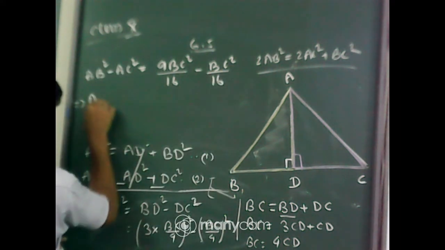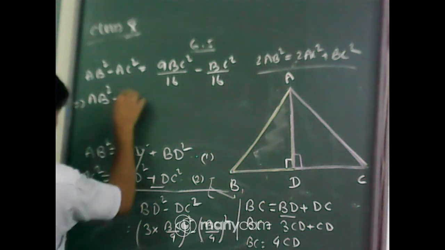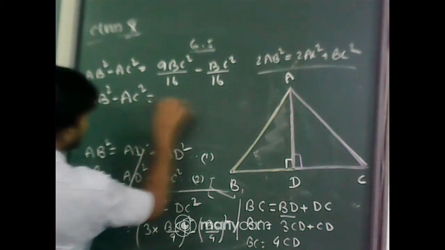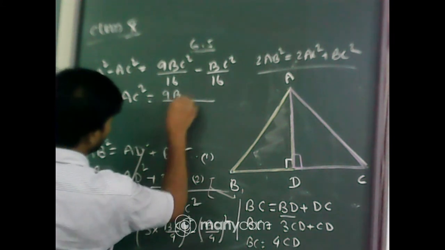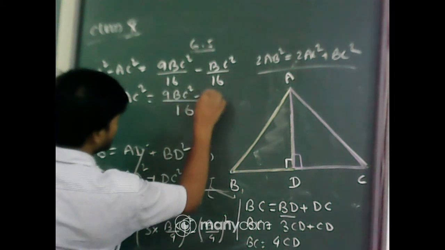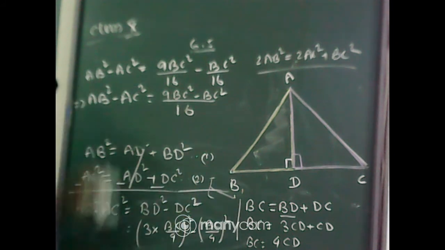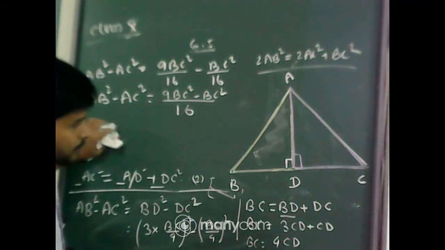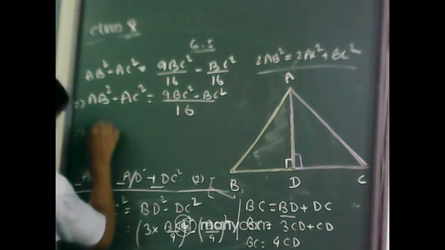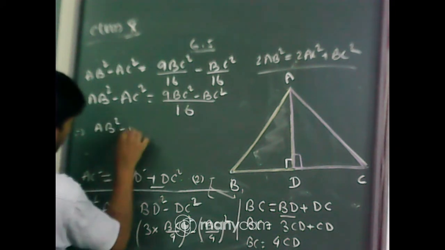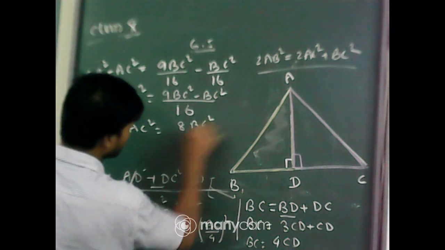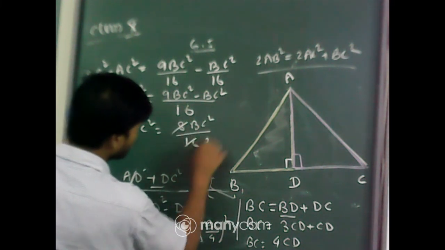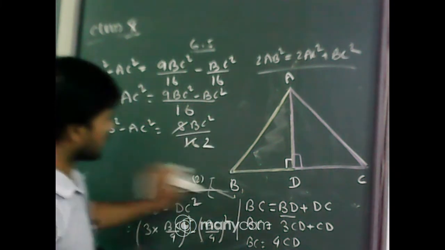That means AB square minus AC square is equal to, 16 is the LCM, so 9 BC square minus BC square. So that will be 8 BC square. That means AB square minus AC square is equal to 8 BC square by 16. 8 2s are 16. Now multiply both sides by 2.